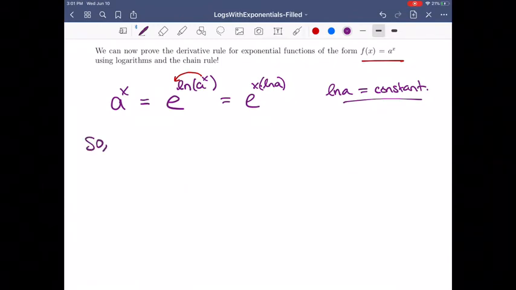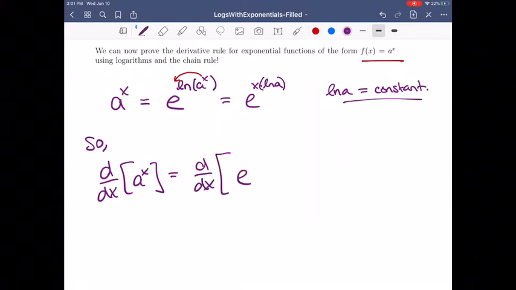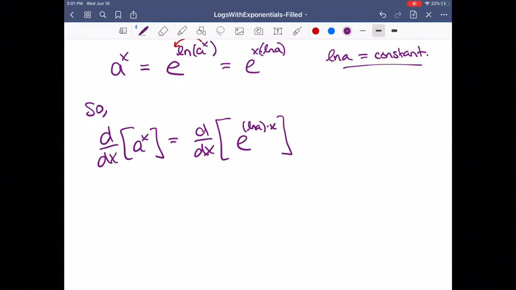So the derivative with respect to x of a to the x is going to be equal to the derivative of e to the ln a times x. So we can use the chain rule. If you want to write this out explicitly, this would be our inside function.